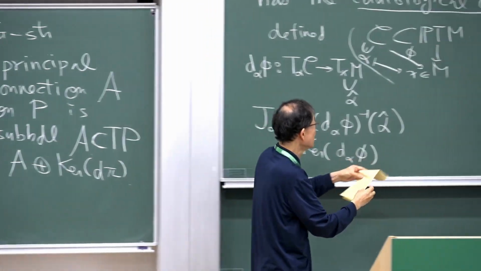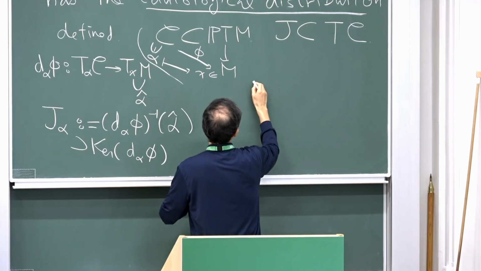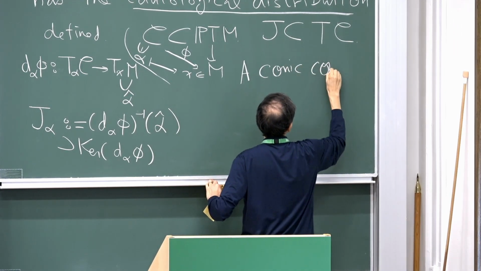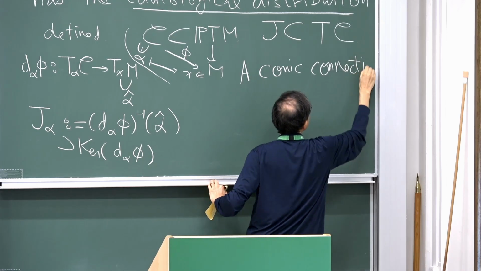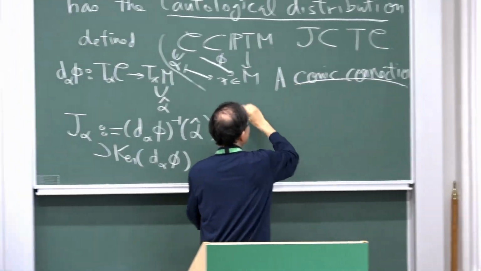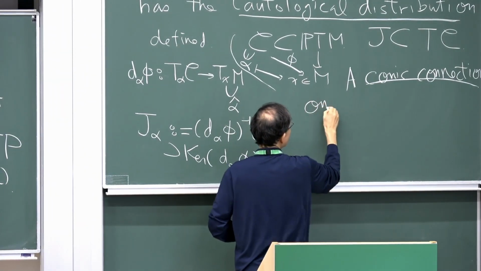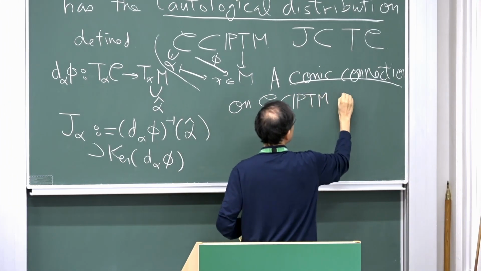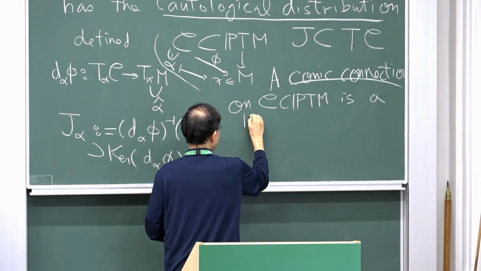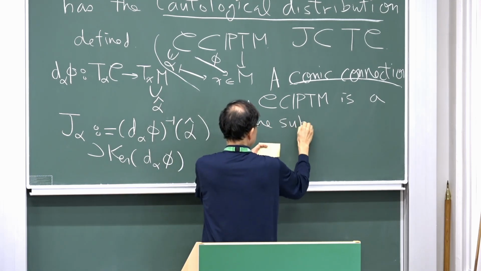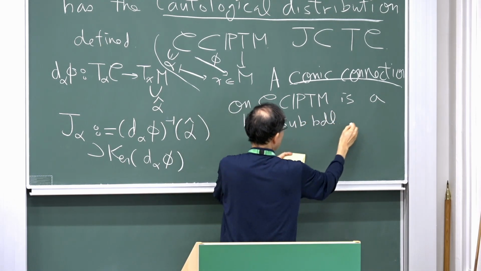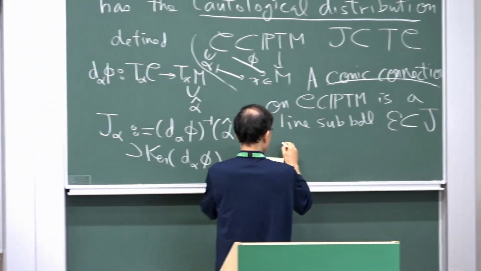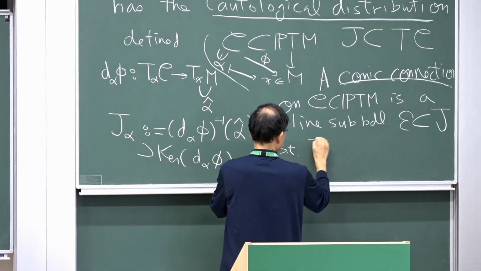Now we define a conic connection. A conic connection on the cone structure is a line subbundle of this tautological distribution such that J is split.